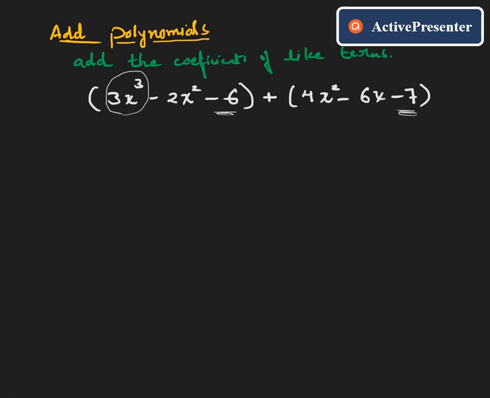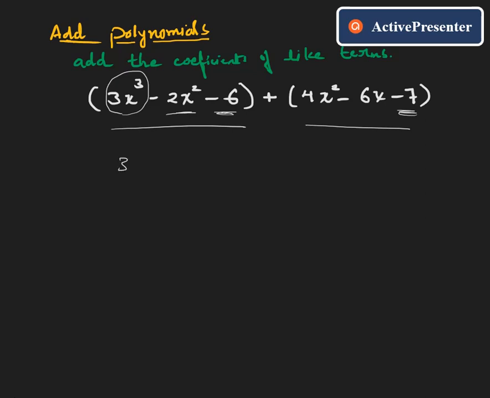3x cubed doesn't have any term in the other polynomial. But minus x squared has 4x squared, as these are both like terms, and minus x and minus 7 are like terms. So to add these two polynomials, we add the coefficients of like terms.